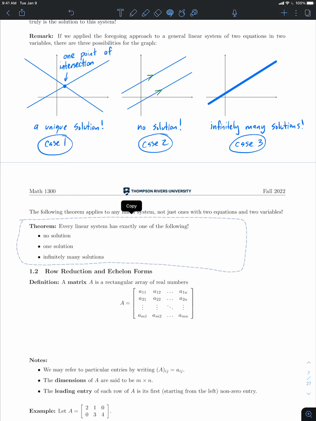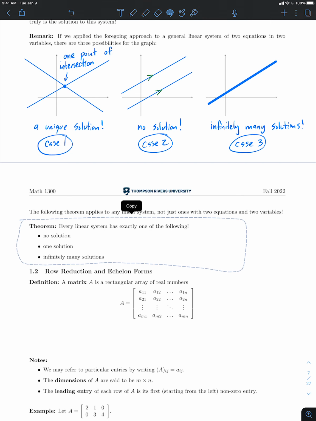It doesn't matter if you have 3 equations, 5 equations, 2 equations, or 97 equations. Any number of equations and any number of variables, you're going to have one of those 3 possibilities. You either have no solution at all, you have a unique solution, which sometimes you'll just say one solution, or you have infinitely many.